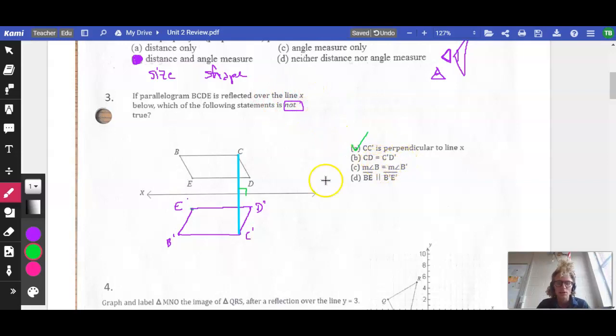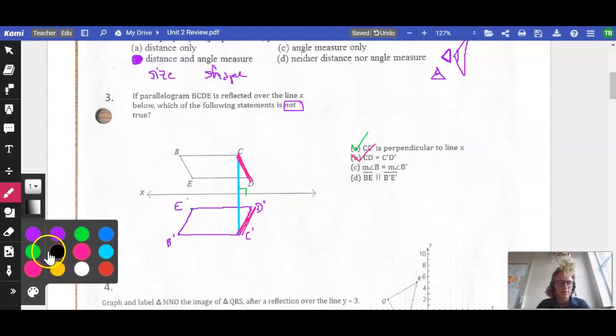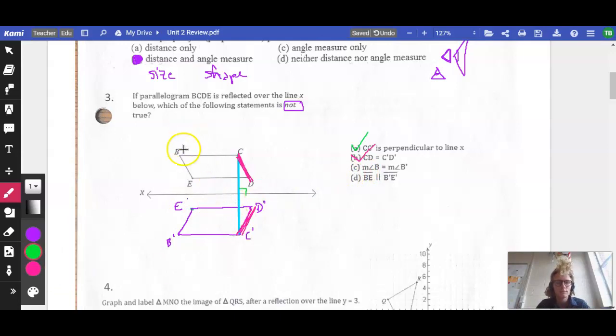CD is equal to C prime D prime. That also makes sense, that this segment would be just as long as this segment, because as we just got done saying, rigid motions maintain size and shape. So that is correct, but it is not our answer. The measure of angle B. So B is right here.